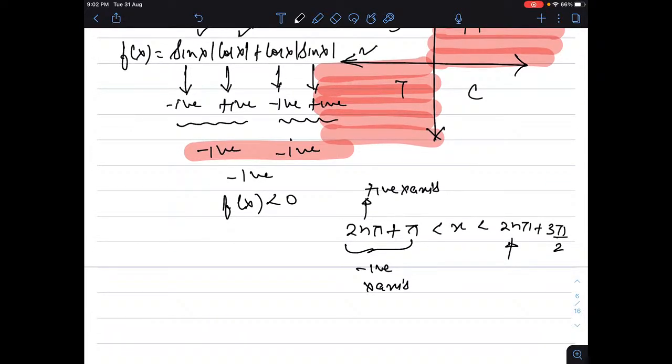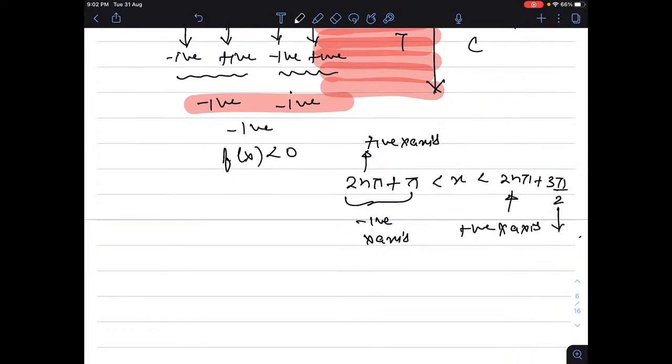Now why 3 pi by 2? Guys, this 2n pi represents the positive x-axis. And 3 pi by 2 represents the negative y-axis. So in the positive x-axis we are adding 3 pi by 2 to reach the negative y-axis. So we are reaching up to the negative y-axis from the negative x-axis.